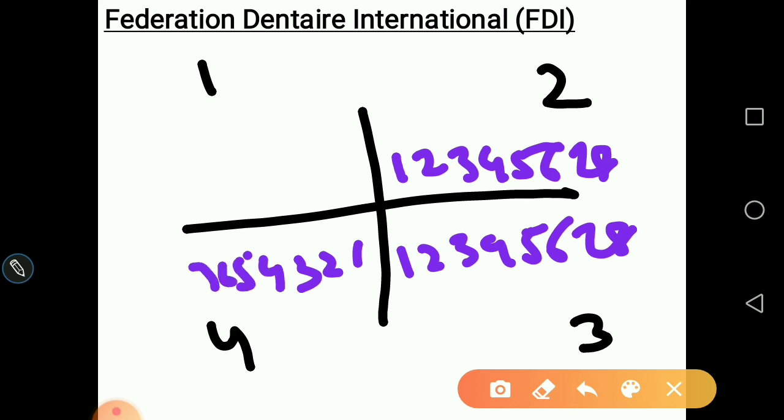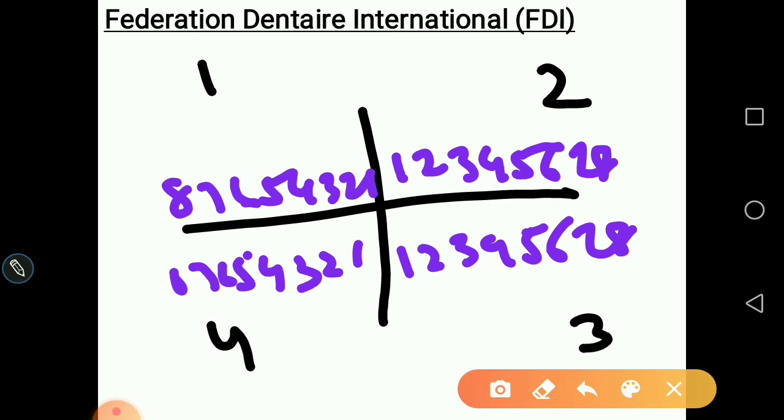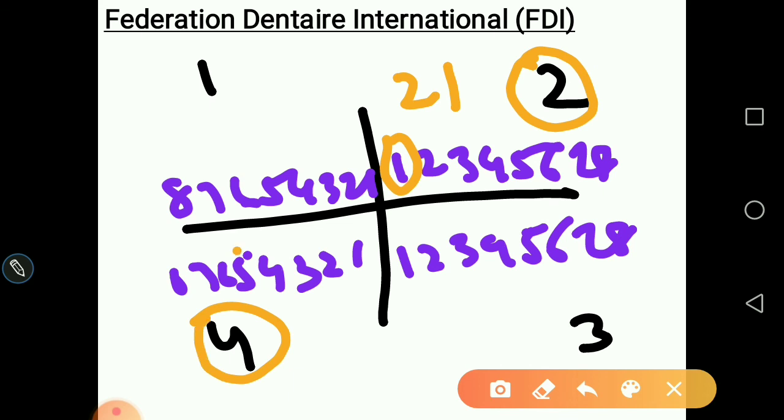If I say upper left central incisor, so for upper left it is 2 and central incisor is 1, so it's 2, 1. If I say lower right second premolar, so lower right is 4 and second premolar is 5, so it's 4, 5. Simple.